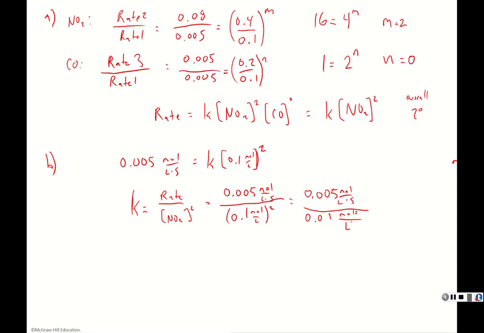Okay, so moles per liter on top will cancel out with one of the moles per liter on the bottom. So what we get out for our unit now, for K, we're going to have 0.5, and the units will be liters per mole times seconds. Okay. And you can see from that table, that is the units of a second order rate constant.